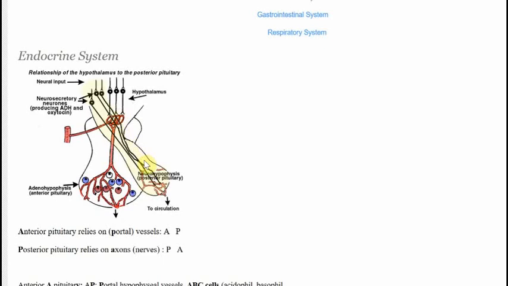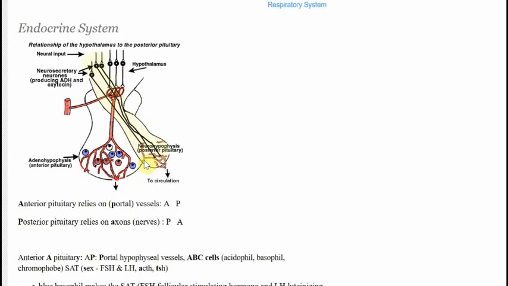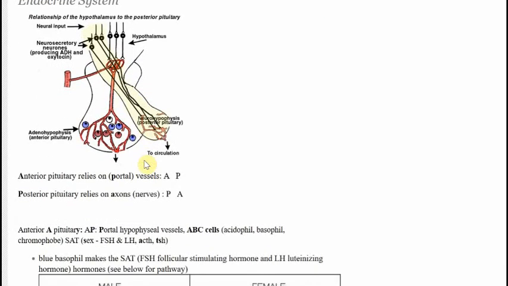Now, what are the cell types of the pituitary gland? The way I remember this is A, B, C. So you've got your acidophil for A, B is basophil, and C is for chromophobe.